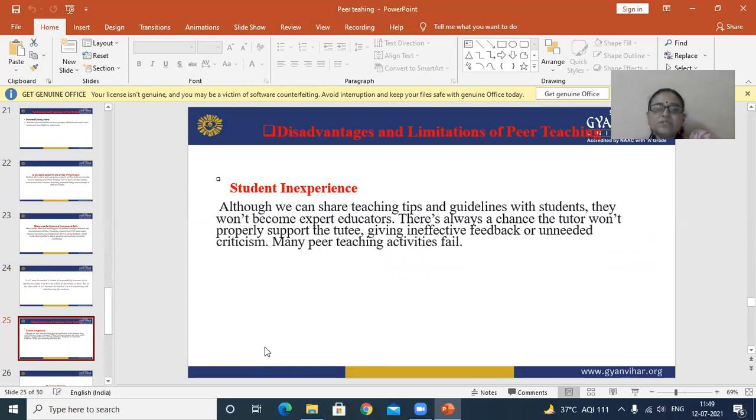Although we can share teaching tips and guidelines with the students, they won't become expert educators. There is always a chance the tutor wants, or we can say does not, properly support the tutees.